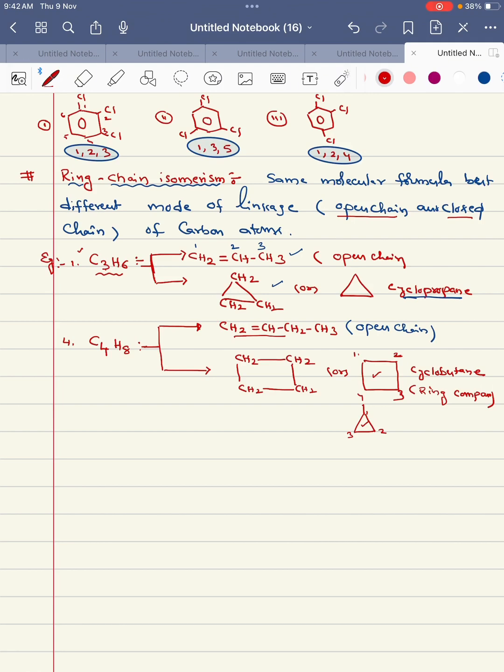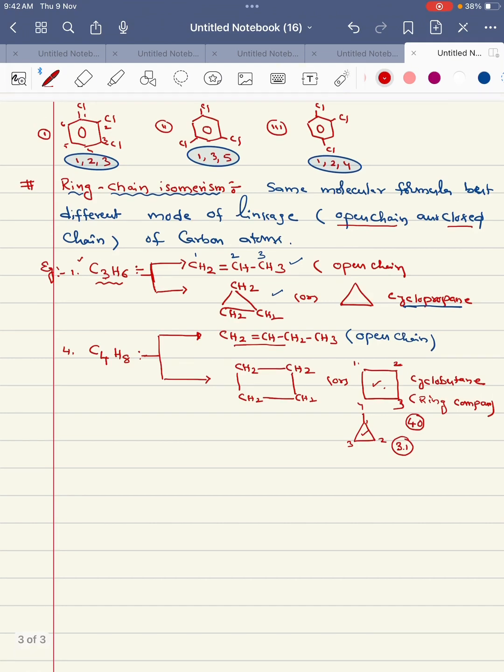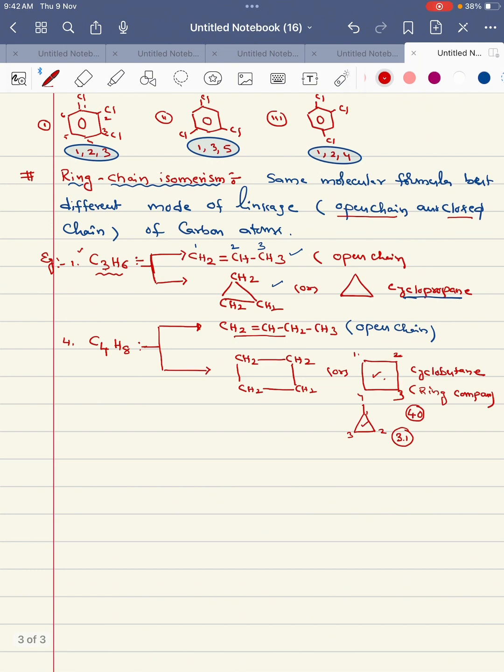The size of the parent chain is different. What is the skeleton number, students? In this case, cyclobutane is there, so the skeleton number is 4 here and 3, 1 here. So the skeleton number is different, and they are called chain isomers of each other.